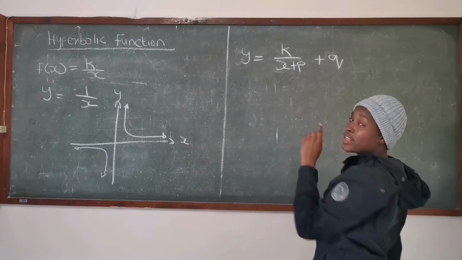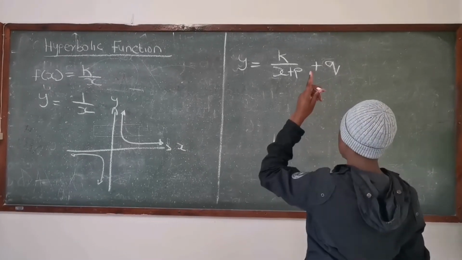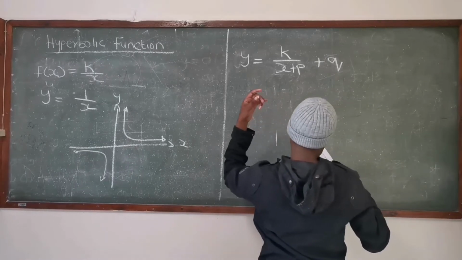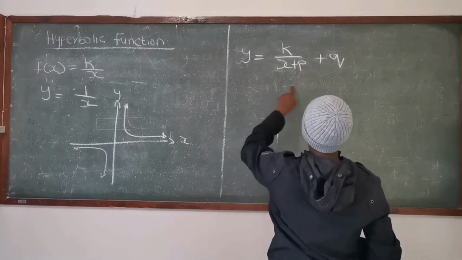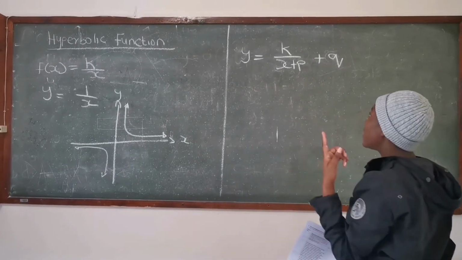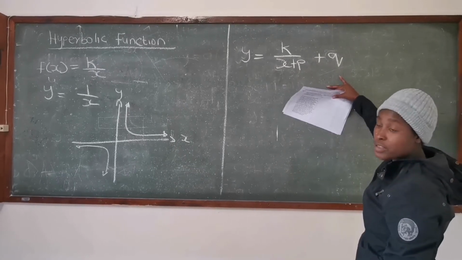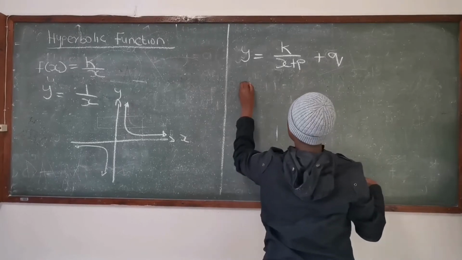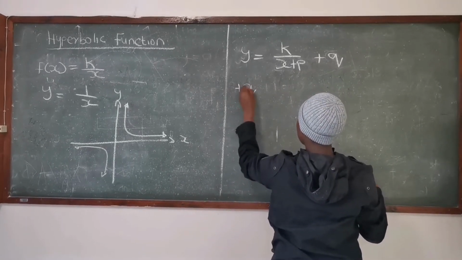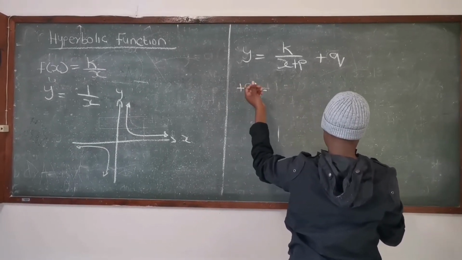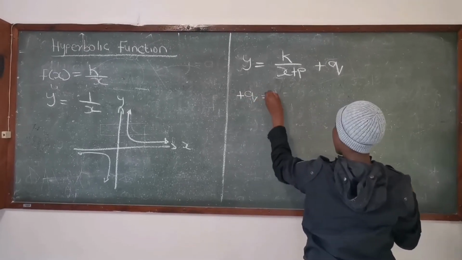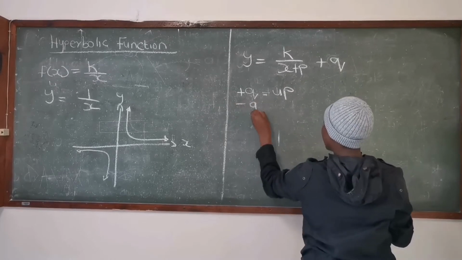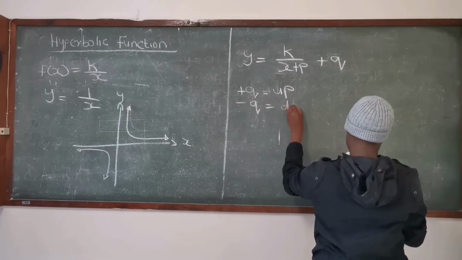It tells us whether the graph is shifting upwards or downwards. If the graph is shifting upwards, then our q value is going to be positive. And if our q value is negative, the graph is going to shift down.